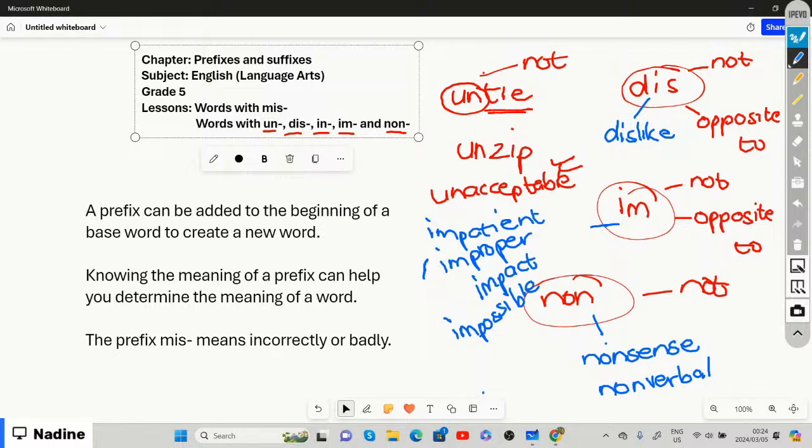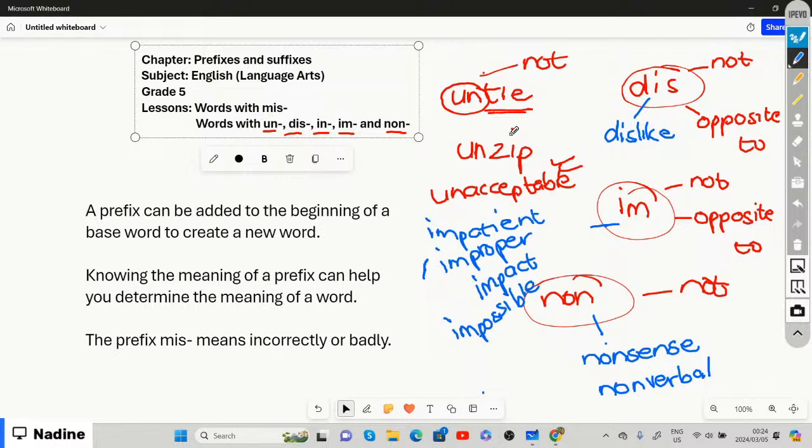All right. So once again, a prefix can be added to the beginning of a base word in order to create a new word. And knowing the meaning of a prefix can help you determine the meaning of a word. So knowing the meaning of these prefixes, for example, mis means incorrectly or badly.